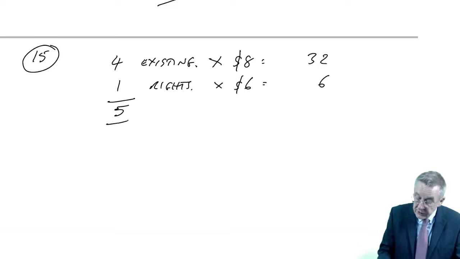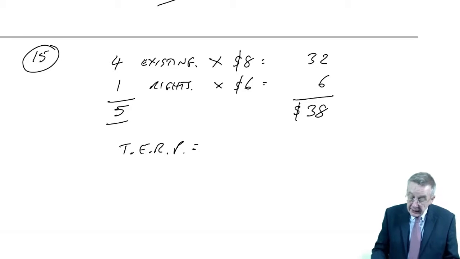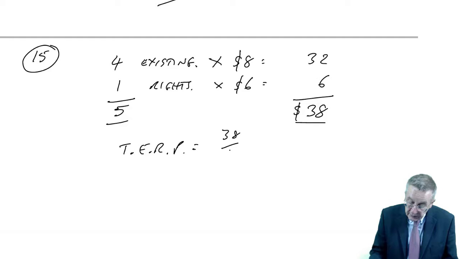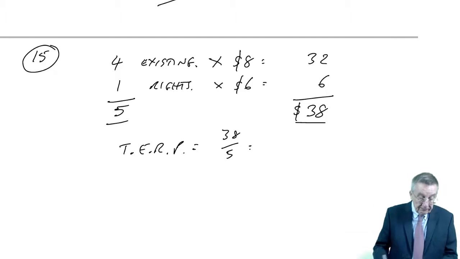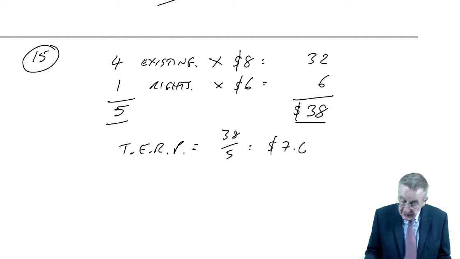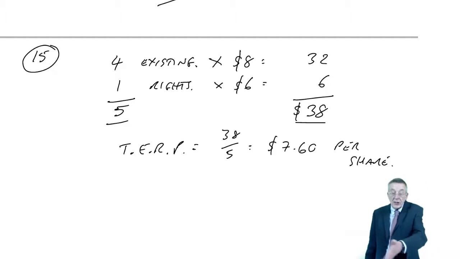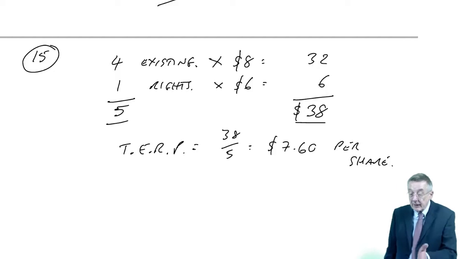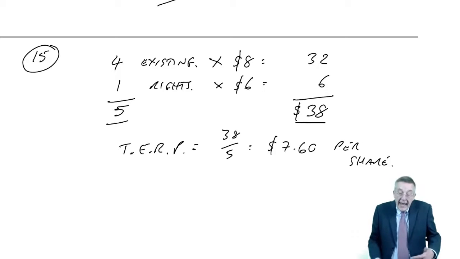They'll end up with 5 shares, a total of 38, and therefore, for no gain, no loss, the theoretical price, 38 over 5, is $7.60 per share. No gain, no loss on the existing shares. They're losing 40 cents. The value goes down. But the rights, they're paying 6 and it's worth 7.60. They're gaining 1.60. So the overall effect, no gain, no loss.